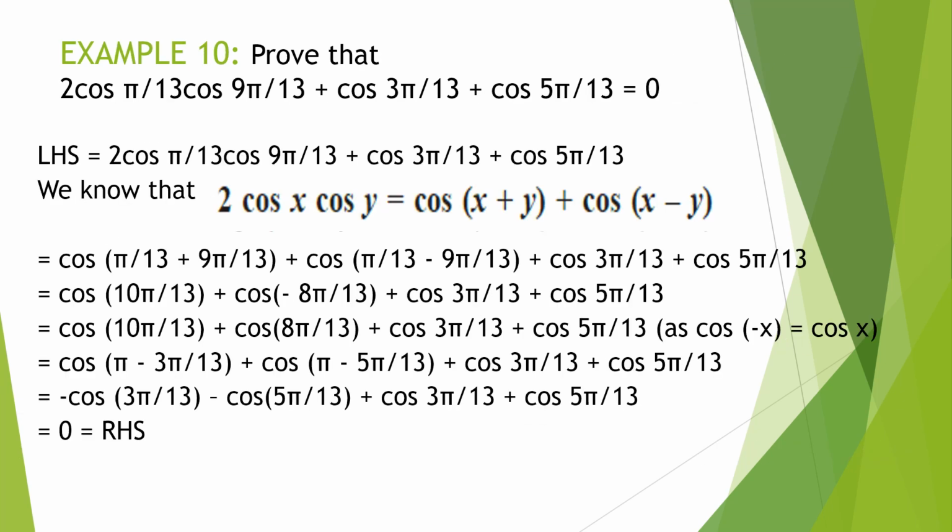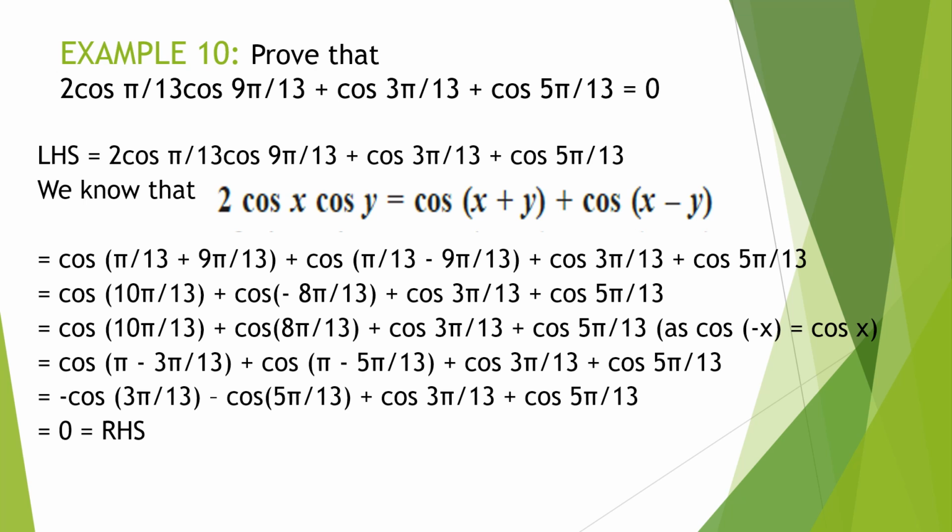Example 10. Prove that 2 cos pi by 13 cos 9 pi by 13 plus cos 3 pi by 13 plus cos 5 pi by 13 is equal to 0. Now see over here, in the first term you have 2 cos cos. So we can use the identity 2 cos cos is equal to cos plus cos.